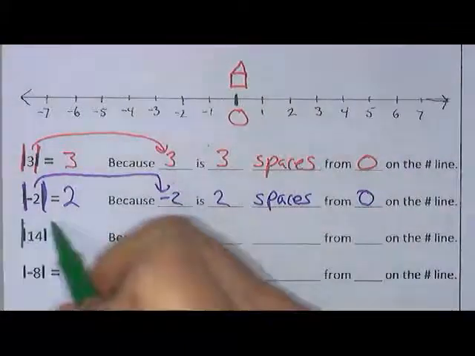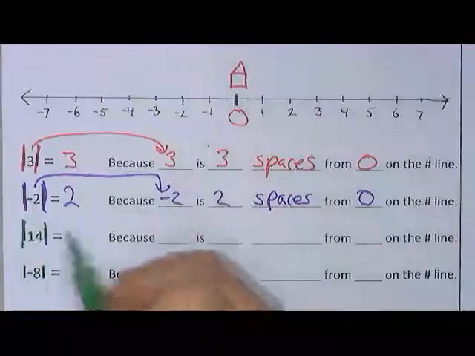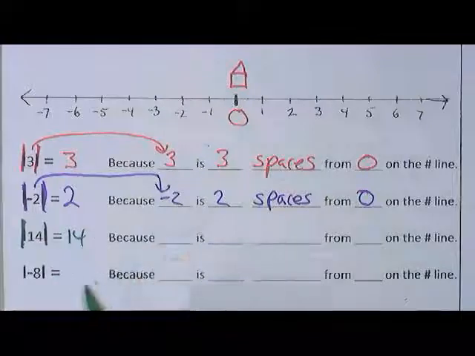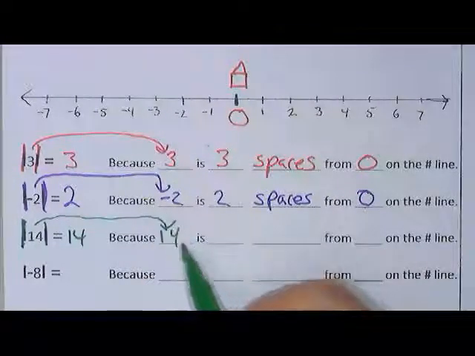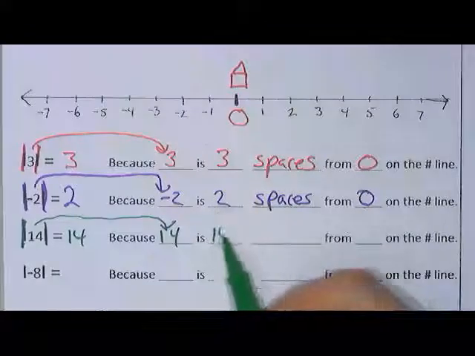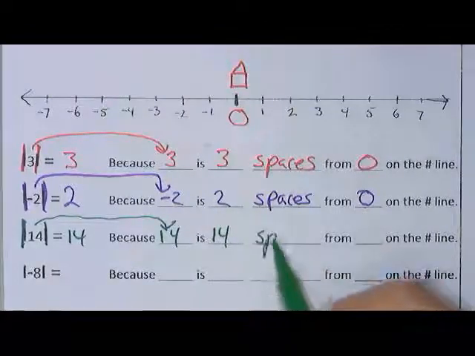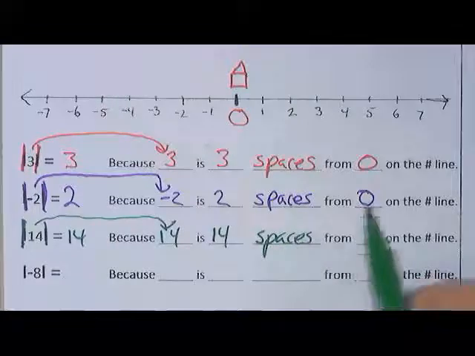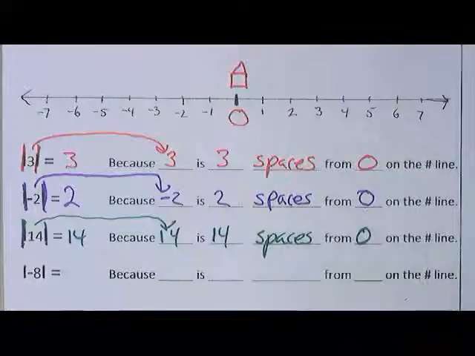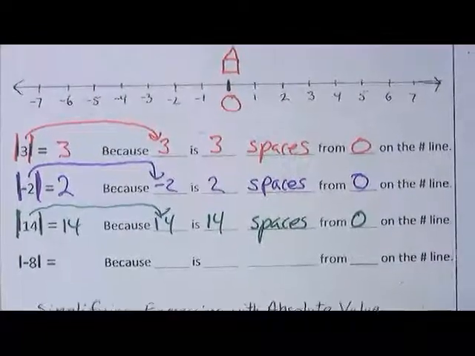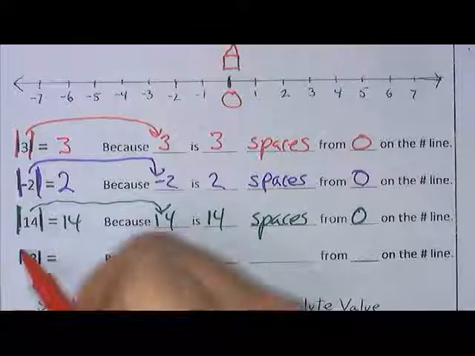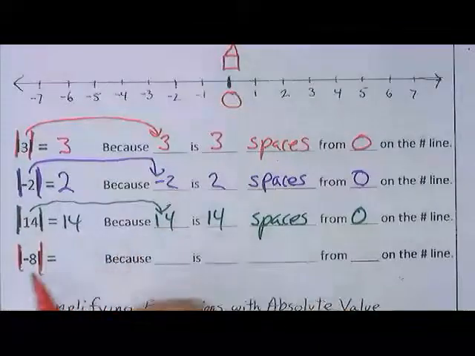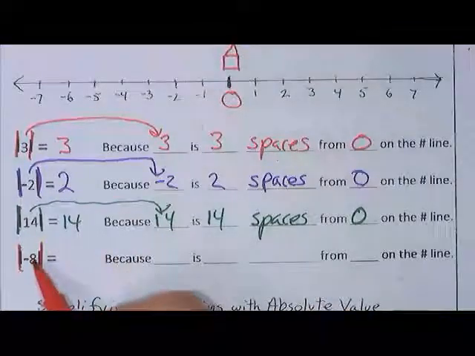Okay, the absolute value of 14 is 14. Why? Because this number, 14, is 14 spaces from 0 on the number line. It all has to do with how far away it is from 0 on the number line. The absolute value of negative 8. How far is negative 8 from 0?